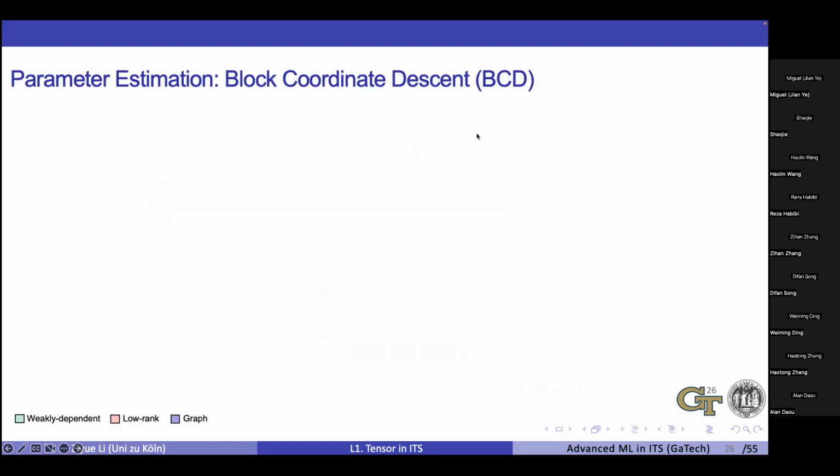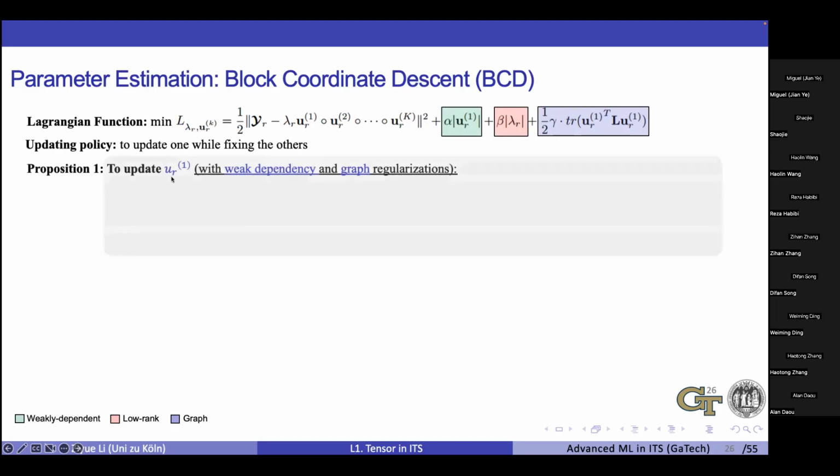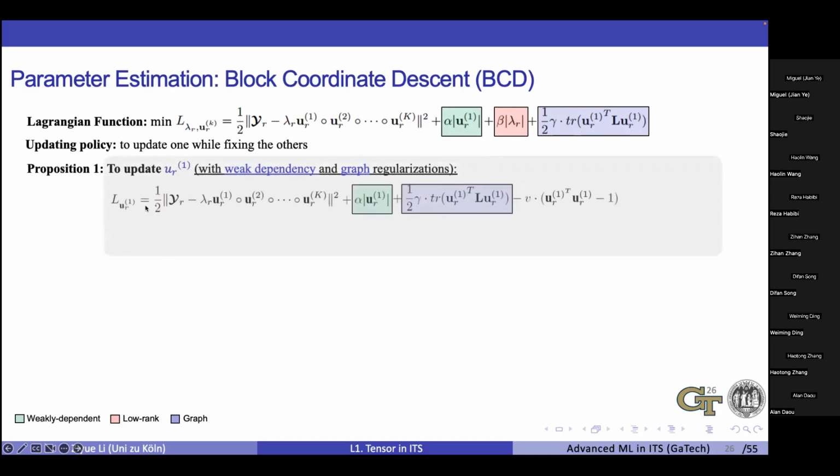And for the parameter estimation, we basically use block coordinate descent, where we have the parameters lambda, U1, and U2 to UK, and Y to be predicted. We fix all but one and update one on each iteration. For example, we update U1 and fix the rest. We can write the sub-problem and we can get a closed form.